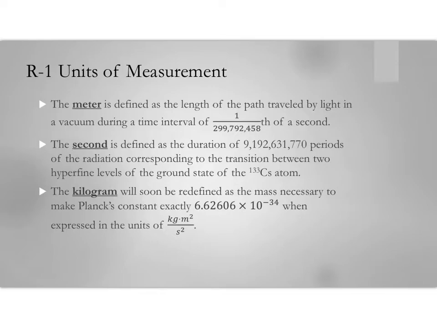really the original definition of the meter was 1/10,000th the distance from the North Pole to the equator. And the problem with that is that Earth is not a perfect sphere, so different parts of Earth would have different distances, and so it doesn't really work.